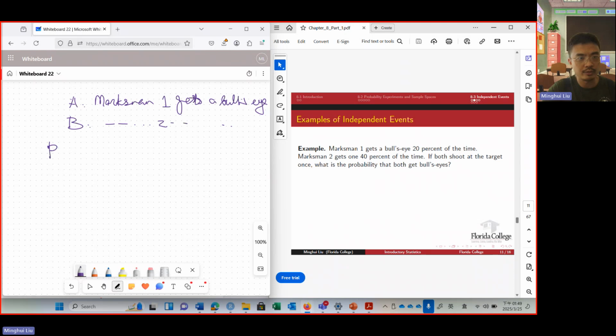We know that these two events are independent, so we want to find P of A and B. This is calculated by P of A multiplied by P of B.